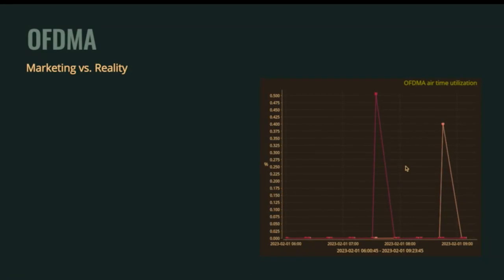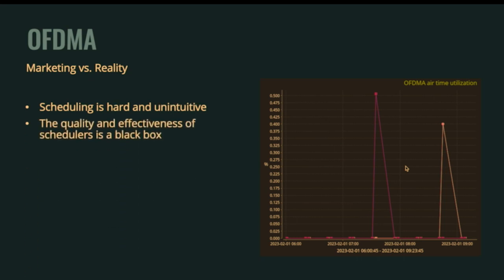Looking at OFDMA, this is really hard to make judgments about using real-world data. It's easy to find that it works. I mean, the APs are scheduling and OFDMA is happening. But is it making good decisions? Is it working well?